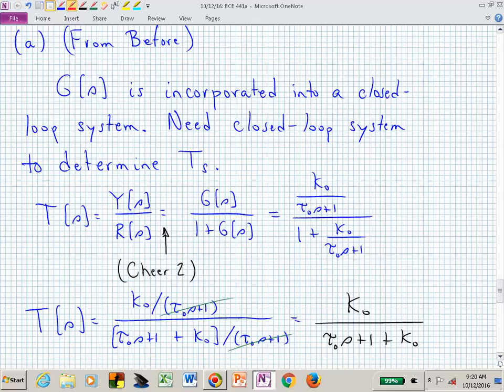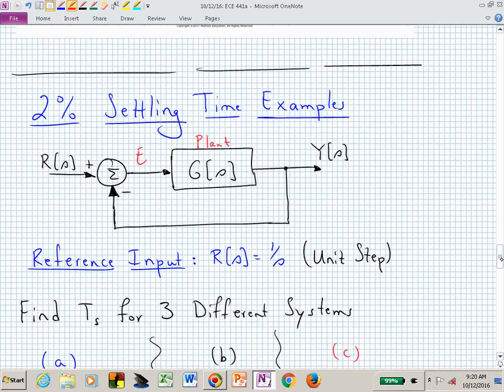But now, remember, this is in a closed loop configuration. Now we have that plant. Its output is fed back compared with the reference input, and that error signal now drives the plant. Meaning we've changed the dynamic behavior of our open loop system plant in this closed loop configuration, and that's going to change our settling time.